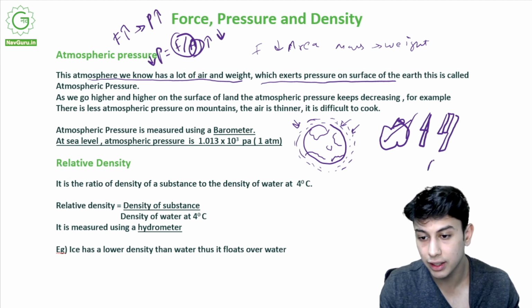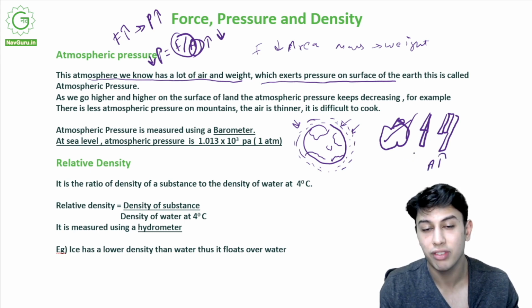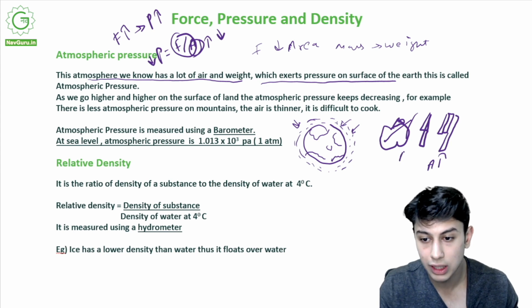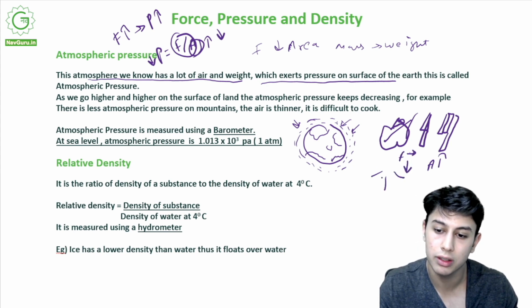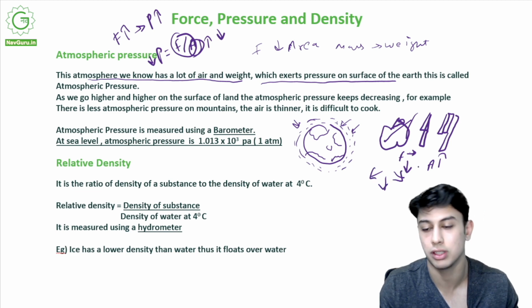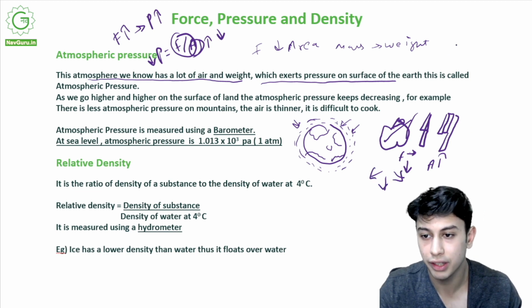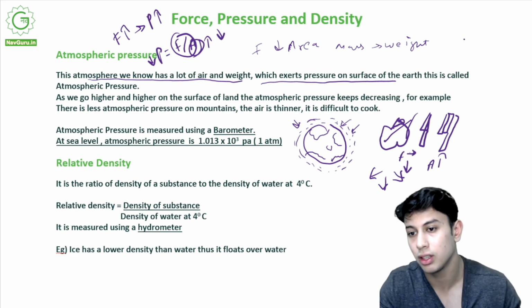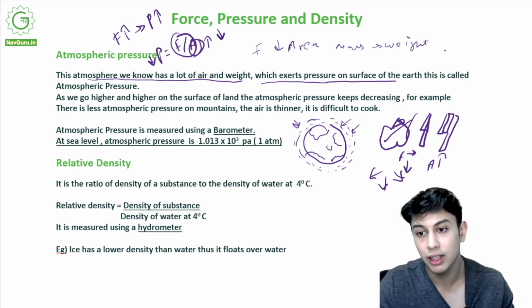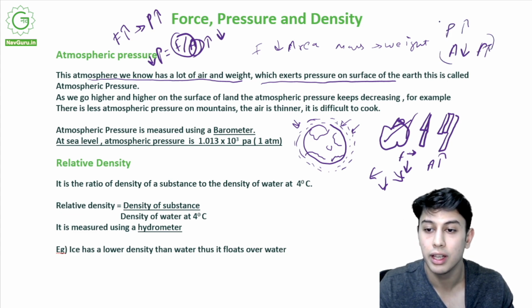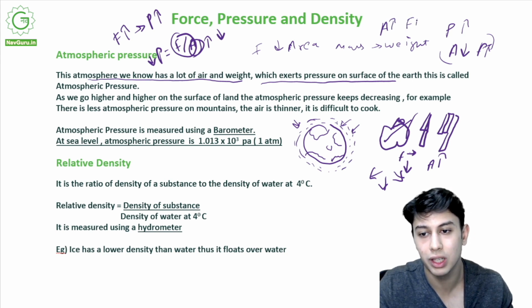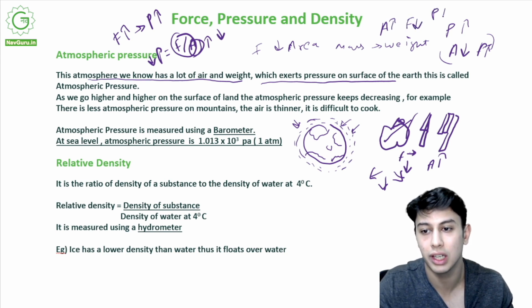Because the area has increased. If area increases, the force applied will decrease, it will get distributed on the surface. So just keep that in mind. When area is less, force will be more and thus pressure will increase. If area is increasing, then applied force will decrease and pressure will decrease.